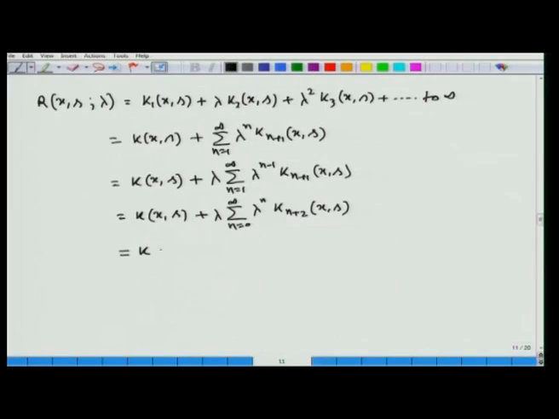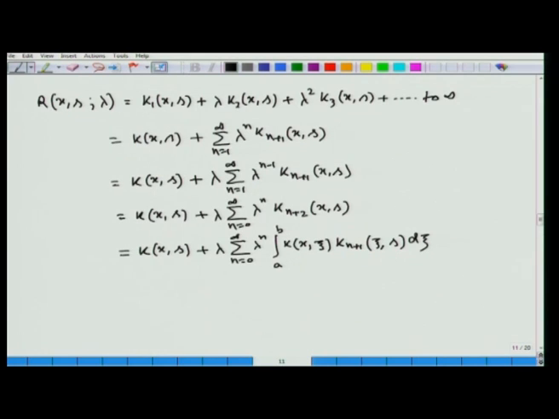So, this will be equal to K(x, s) plus lambda sigma n equal to 0 to infinity lambda to the power n integral a to b K(x, xi) K_{n+1}(xi, s) d xi. Here we are just writing the formula for the iterated kernel: K_{n+2}(x, s) is equal to integral a to b K(x, xi) K_{n+1}(xi, s) d xi.